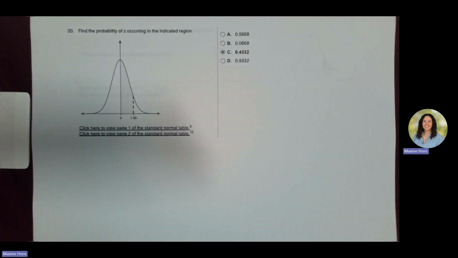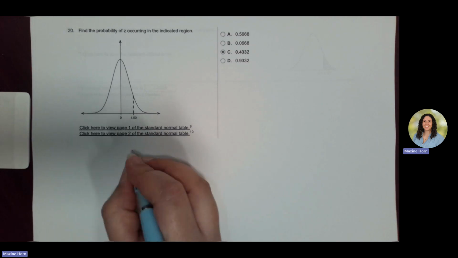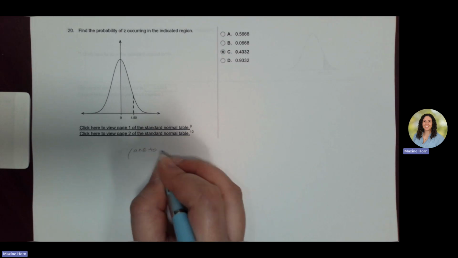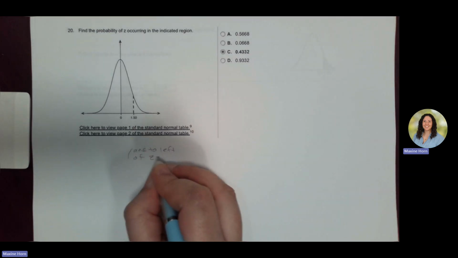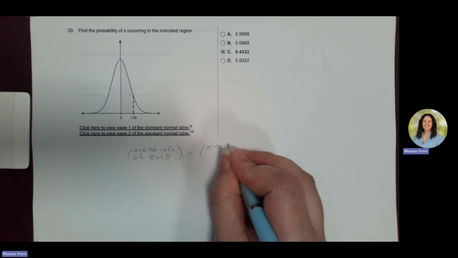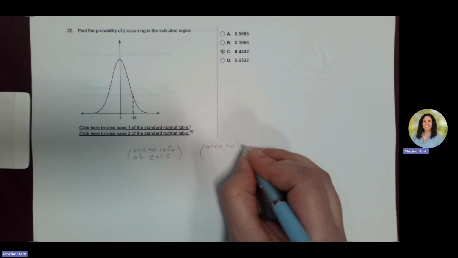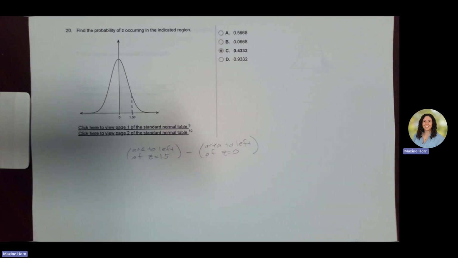All right. Probability of Z occurring in the indicated region. Same process, right? Just because this is a Z-score of 0 doesn't mean it's not the same process. We're going to do area to left of Z equals 1.5. From that, we're going to subtract area to left of Z equals 0.